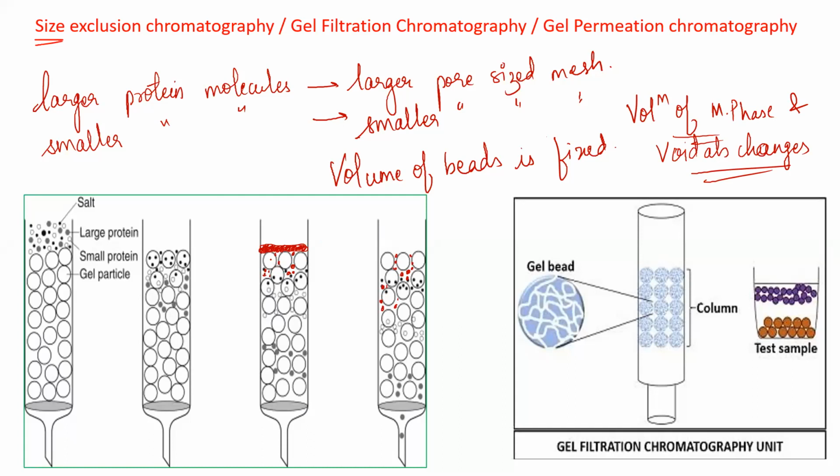The sizes which are able to enter into the pores of the beads will go and sit inside, but the ones which do not have the suitable size may just remain outside in the void. Your mobile phase will not easily trickle down. It will have to pass through these molecules and the path is not going to be clear. That is why I'm saying that the void volume will change, but what does not change is the volume of the beads.